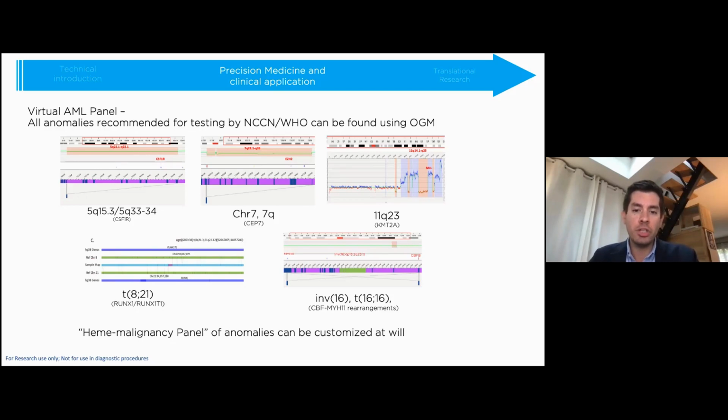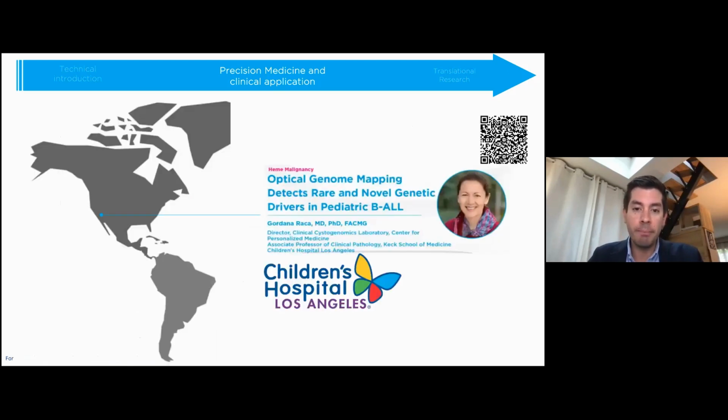To do this, you just create a virtual panel, that we call a BED file, that will keep the genome-wide information but extract from it the events impacting loci of interest that you listed in this BED file. And of course, this panel can be customized at will or combined with another. We would be happy to assist you in creating one and having them evolve over time.